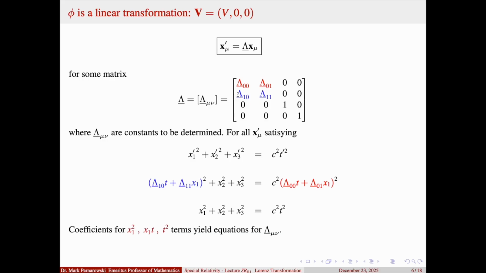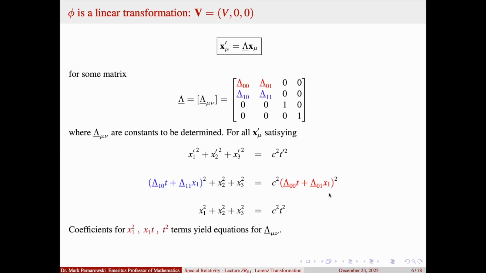Well, it's this second row here that I'm highlighting that tells you what x1 prime is with regard to x1 and t. In particular, this x1 prime will get replaced by lambda 10 t plus lambda 11 x1. Likewise, on the right-hand side of this equation, this t prime is determined by the first row of the Lorentz matrix, and it's going to be lambda 00 t plus lambda 01 x1.